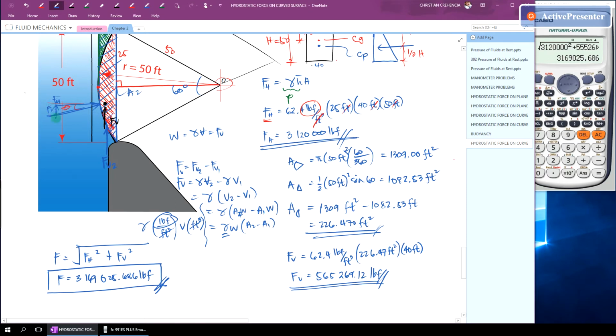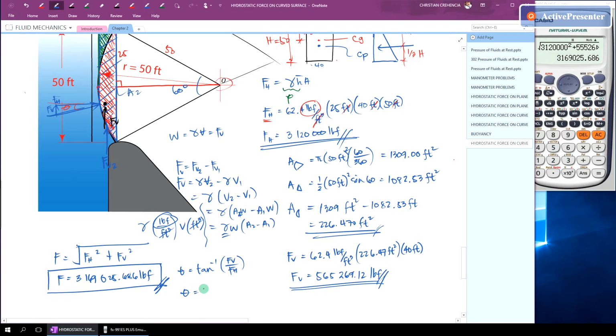FV. So, meron tayong right triangle. So, we can solve for angle theta. So, theta is equal to, so since this is opposite the angle, this is adjacent. So, ito kasing hypotenuse natin, yung resultant. Okay, so that is tangent. Tangent is opposite over adjacent. So, that is arctangent nung FV over FH.